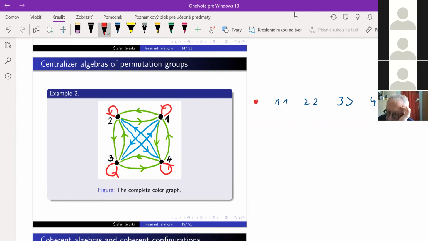The darts corresponding to the second orbit are displayed in green color, and the darts corresponding to the third orbit are displayed in blue color. So again, from this picture, it is clear what the 2-orbits of the permutation group look like.